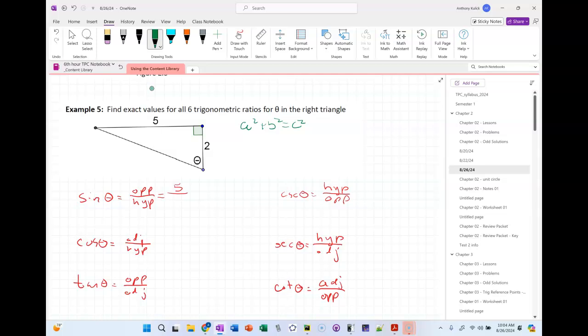The legs, it doesn't matter whether you call that A or B, but the hypotenuse must be C. Everybody's cool? Okay. So the legs are what we're given, right? 5 squared is 25. 2 squared is 4. 25 plus 4 is 29. And then to get rid of the squared on the c squared, we'll square root both sides. So that hypotenuse is the square root of 29.